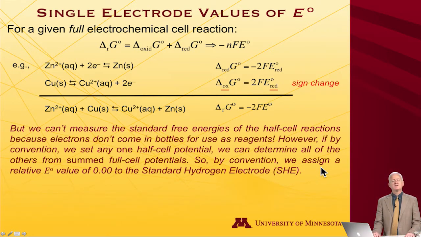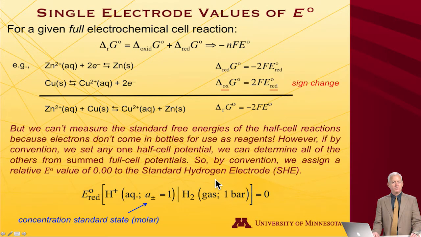We can't do it. Instead, coming all the way back to thermodynamics, we adopt a convention. Our convention is that we pick one half cell, and we arbitrarily assign the standard reduction potential for that cell to be 0. Then we determine all other potentials relative to that cell. So what is the cell that's chosen?